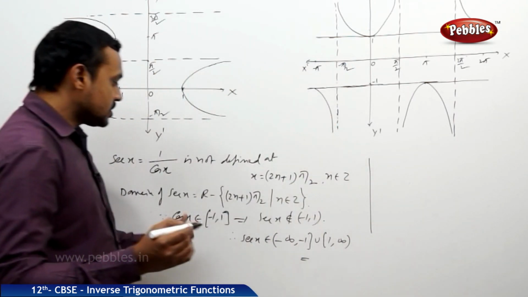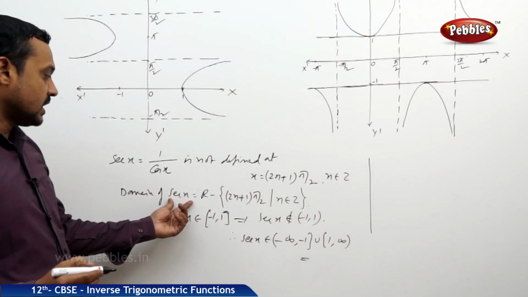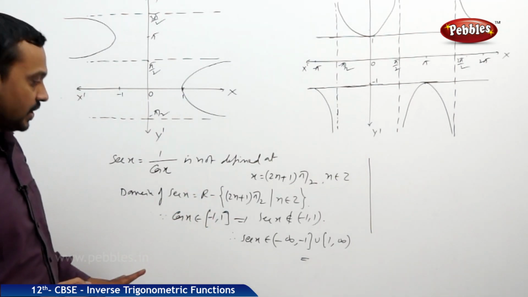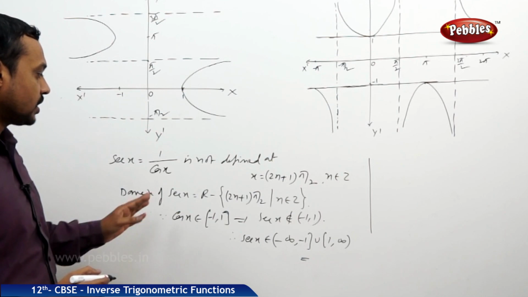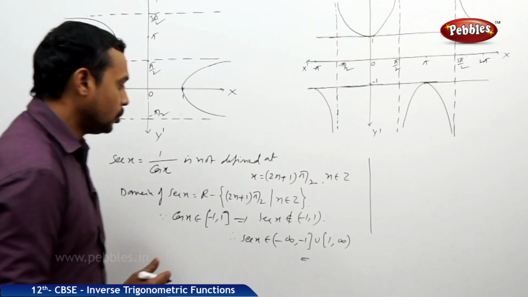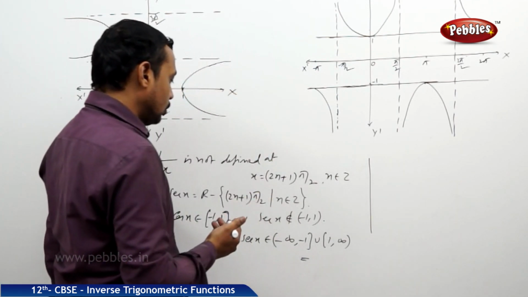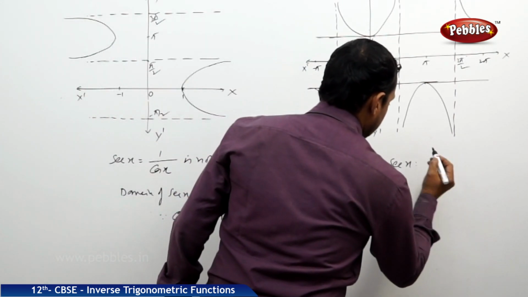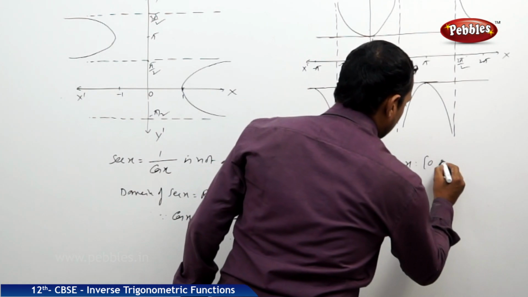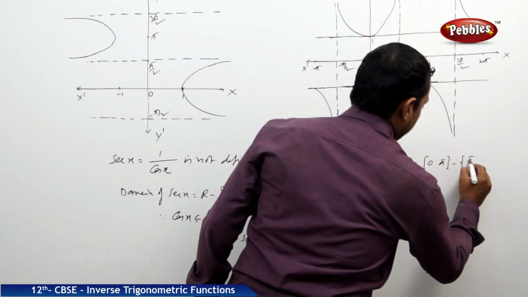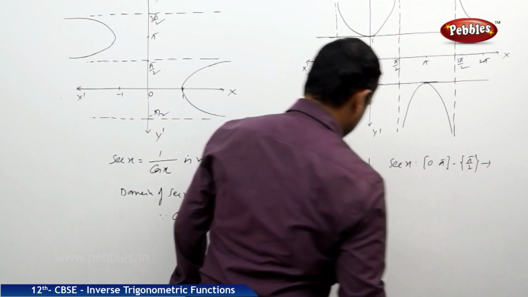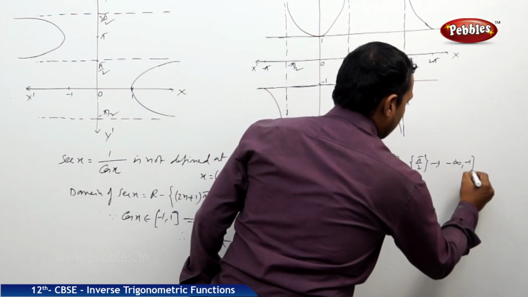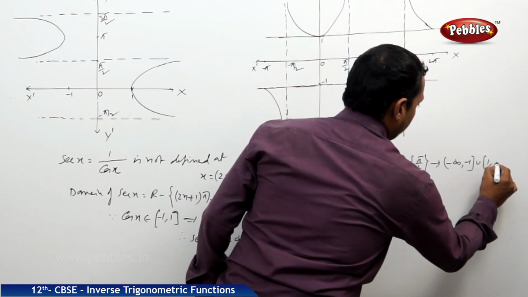Now in this domain, secant x is clearly not a 1-1 function. So to make it a 1-1 function, we have to restrict the domain to 0 to pi excluding pi by 2, with range minus infinity to minus 1 union 1 to infinity.